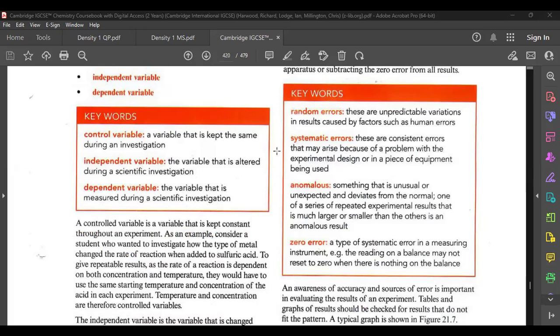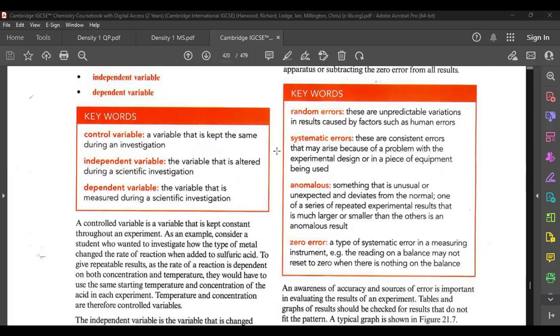So maybe you are reading 100 degrees Celsius as 101 or 100.02, 100.03, because the calibrations are not clear to you. So these are human errors because they are unpredictable. They are likely to happen normally. So these types of errors are called random errors.